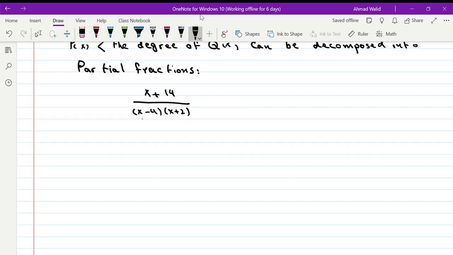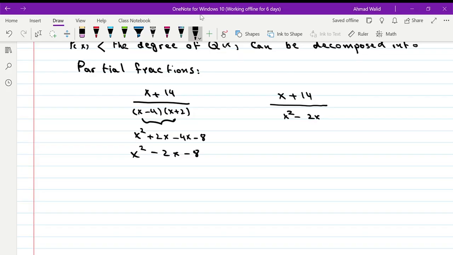You see, if I multiply the denominator, it gives me a quadratic. Let's simplify it: x squared plus 2x minus 4x minus 8, which gives x squared minus 2x minus 8. Or I can write this as x plus 14 over x squared minus 2x minus 8.